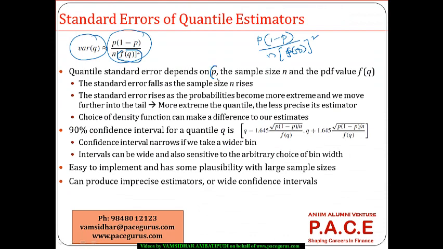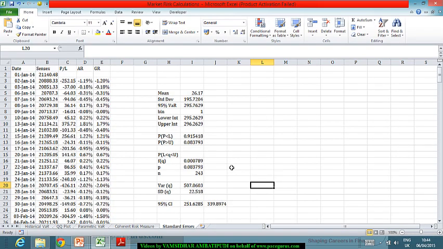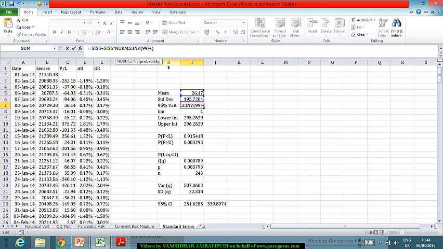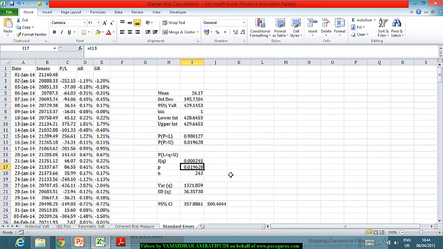Now if I am looking at P, the higher the P value, for a 95% VaR, this is what is working out in this way. But if I am looking at a 99% VaR, the 99% VaR is 429. The P is going much lesser here.